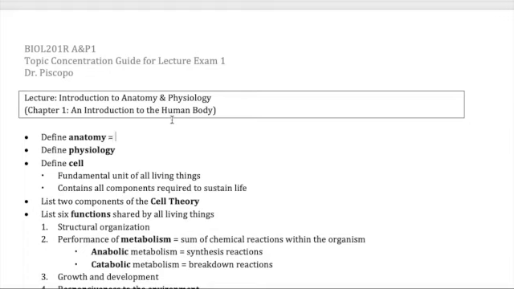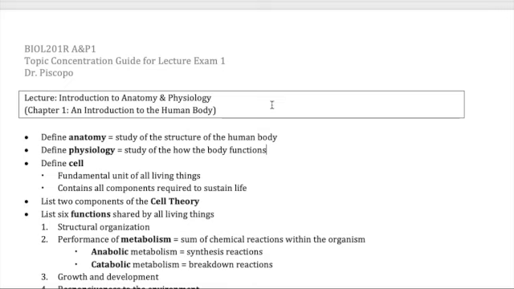Go ahead and fill it in. Anatomy is the study of the structure of the human body. Physiology, in comparison, is the study of how the body functions.